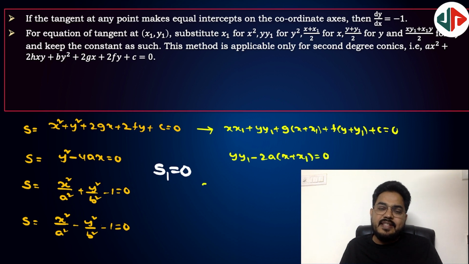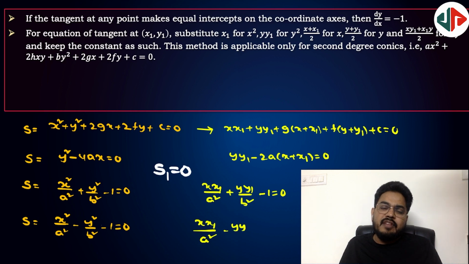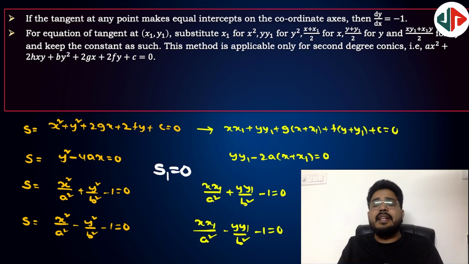For the ellipse, xx1 by a square plus yy1 by b square minus 1 is equal to 0. For the hyperbola, xx1 by a square minus yy1 by b square minus 1 is equal to 0. We have the normals etc.; those things we'll discuss anyway with circles and conic sections.